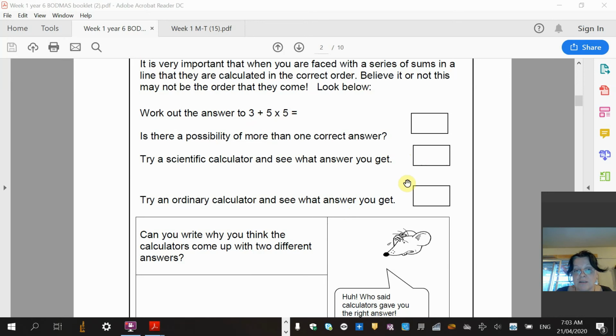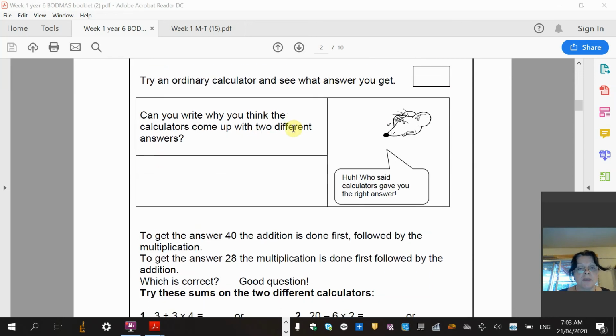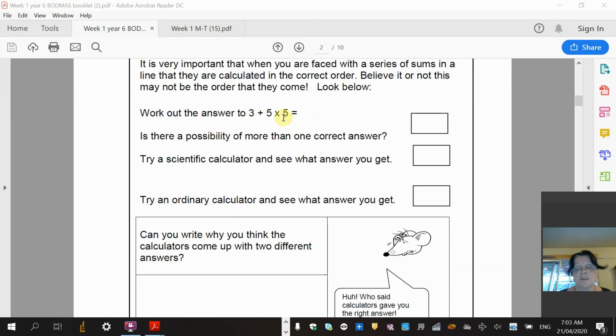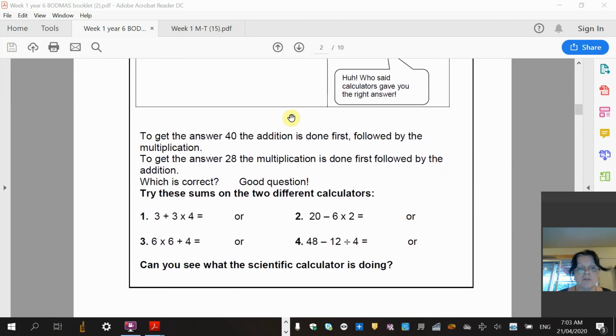Different answers. And the second one on an ordinary calculator is not correct because we need to follow the BODMAS formula. Can you write why you think the 2 calculators came up with different answers? And of course, the reason is the ordinary calculator, going from this direction to that direction, hasn't used the BODMAS formula that you need to do.